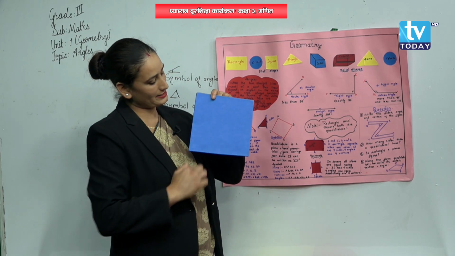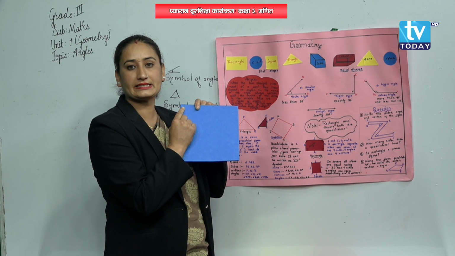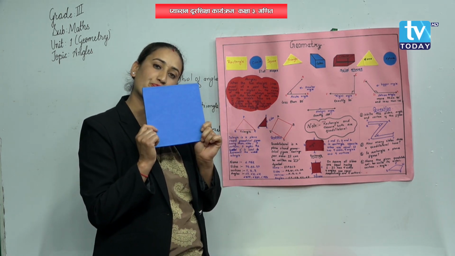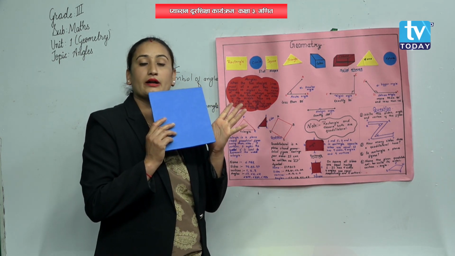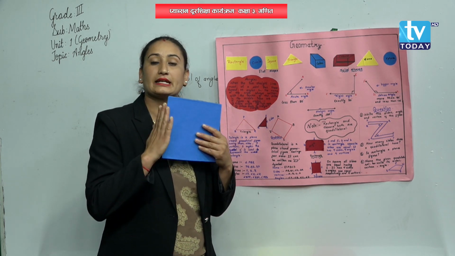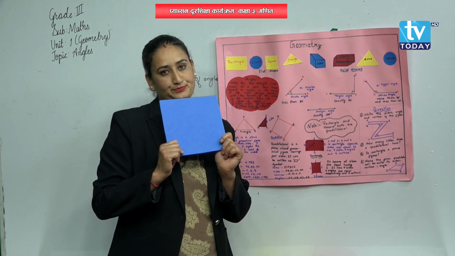Can you see this one is straight, this is also straight, right? So the angle formed here is 90 degrees. 90, 90, 90, 90. Do you understand? So all the angles will be 90 degrees and they are all equal. Having equal length and angles, we can call it a square.